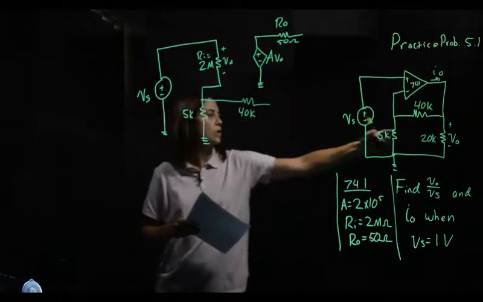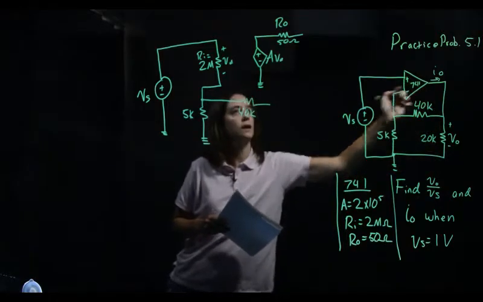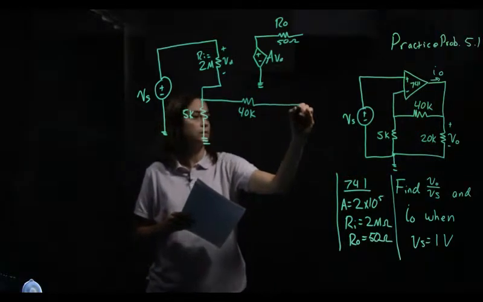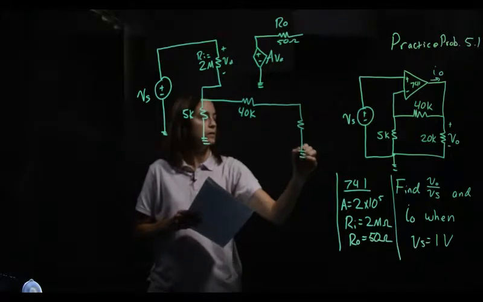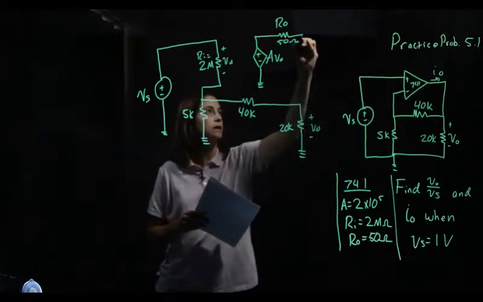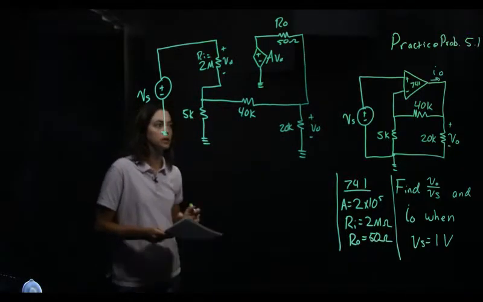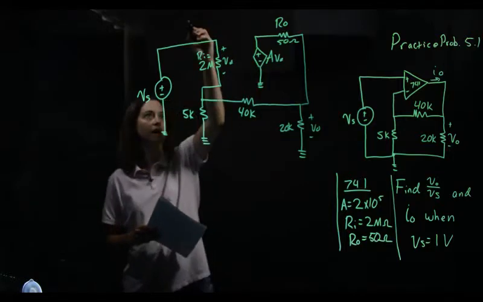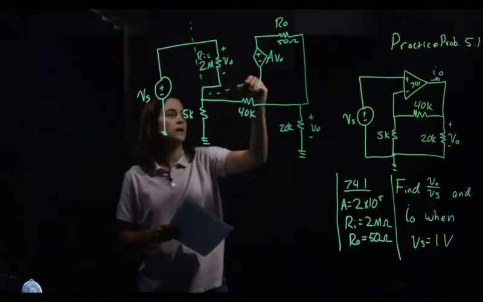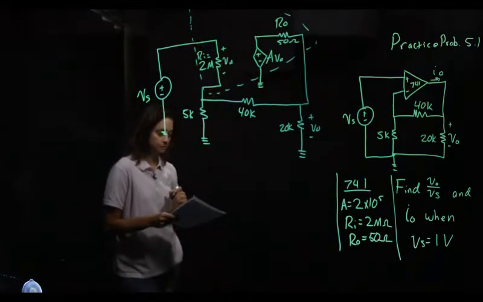And then I have a 20K that goes between ground and that output node. There's the 20K, outputs across there, and here's my output location. So this is my circuit, right? This is the exact same thing as that, except I've replaced my op amp with that right there.